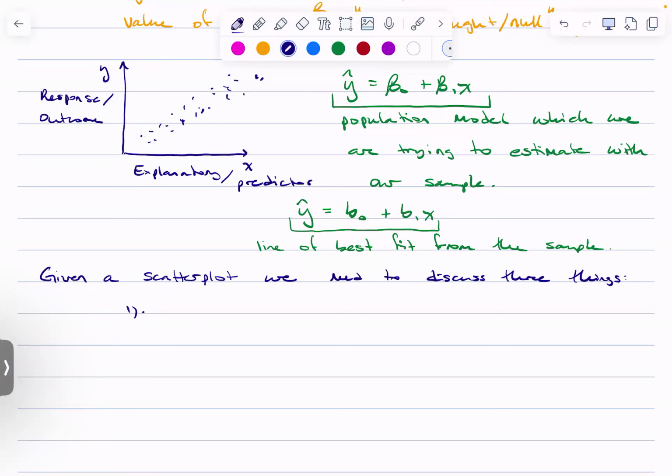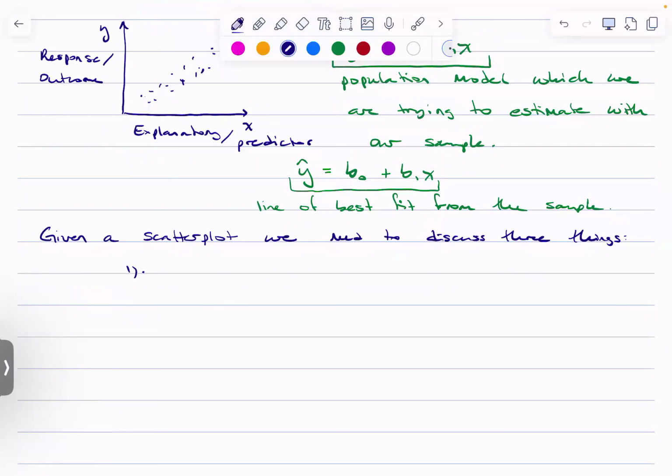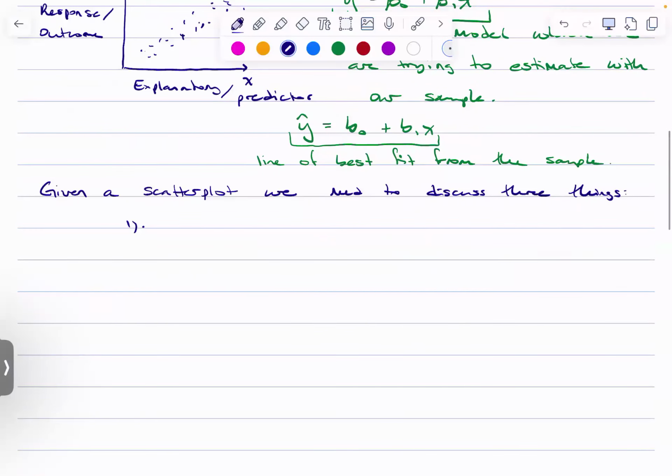For us, we're going to be looking at linear versus non-linear. If we're about to fit a line of best fit, then a line should probably do a good job of describing the overall behavior.